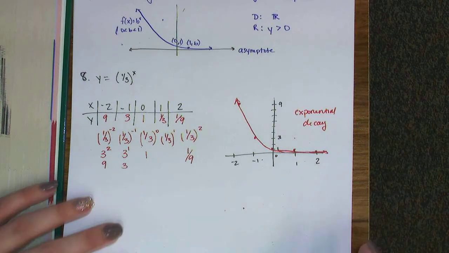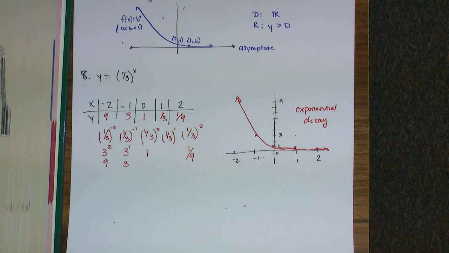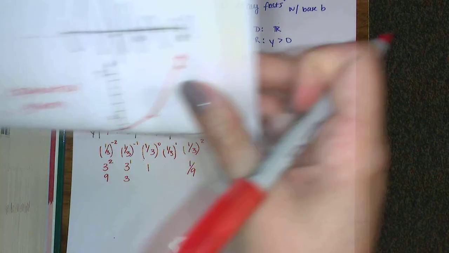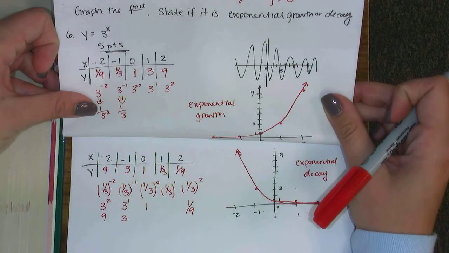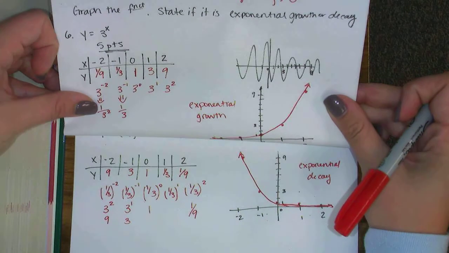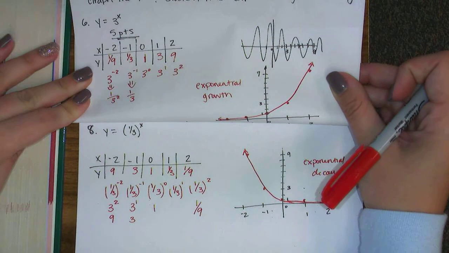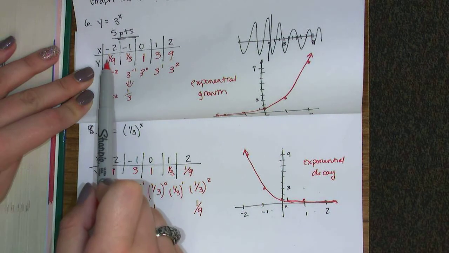This was 3 to the x, so we went 1/9, 1/3, 1, 3, 9. But in this case, we had 1/3 to the x, so we went 9, 3, 1, 1/3, 1/9. So you kind of follow the pattern here. If your numbers don't make a pattern like this, something is wrong. They should always have this pattern about them when you do problems. So that's all for that.